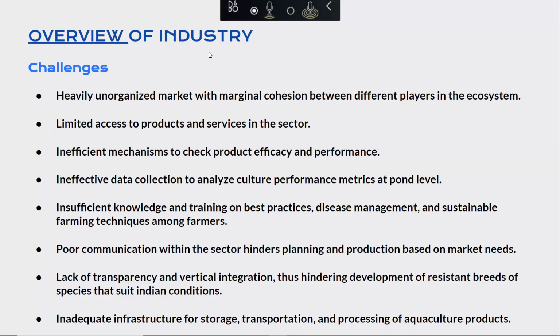So the farmers usually are not well aware of the best practices and also disease management and other sustainable farming techniques. As I said, the exporter and the farmer don't have a link up. In the same way, the hatchery and the farmer don't have a proper link up.